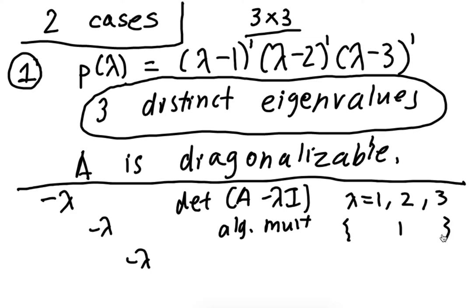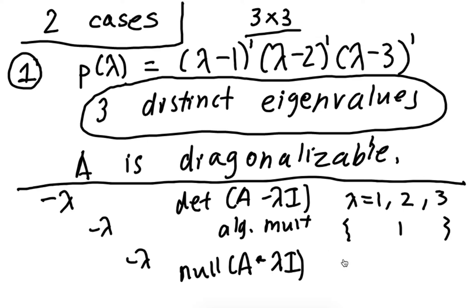Combining this with the theorem that the geometric multiplicity is always less than or equal to the algebraic multiplicity, and the fact that when we solve the null space of A minus lambda I, there always has to be at least one free variable, because for each eigenvalue, there has to be an infinite number of eigenvectors corresponding to a single eigenvalue.